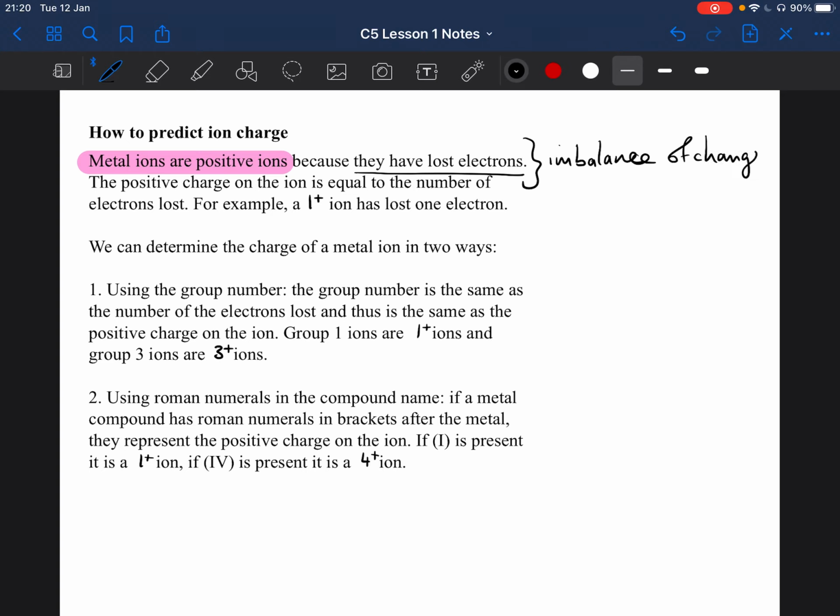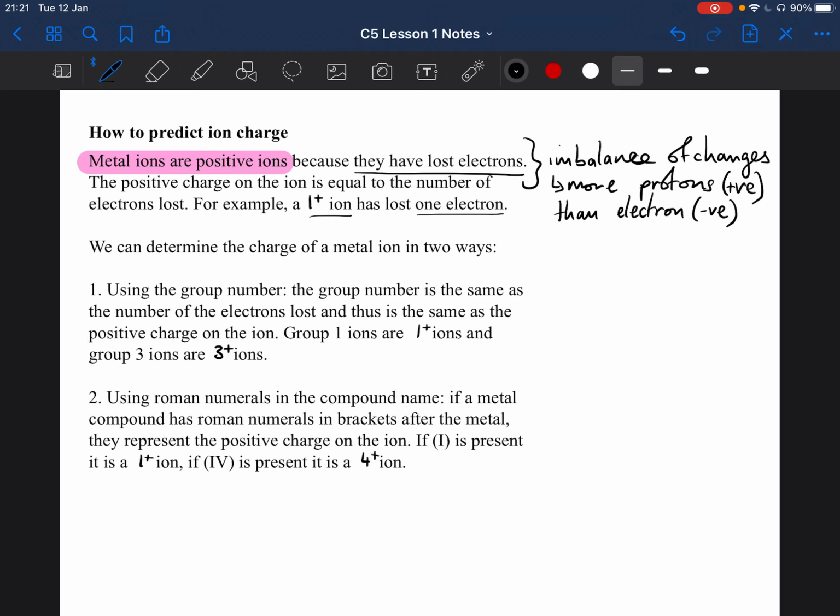What that means is they have more protons, which are positively charged, than they do electrons, which are negatively charged. And so because of that, they end up with a positive charge overall, a positive ion. So if you have a 1 plus ion, it's lost one electron. It has one extra proton.